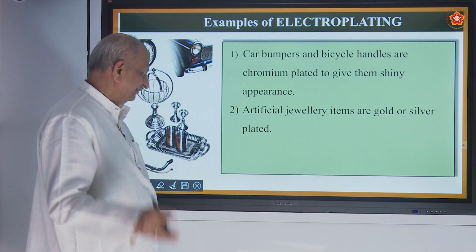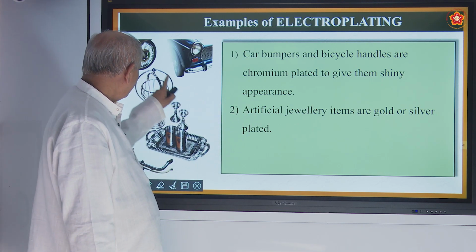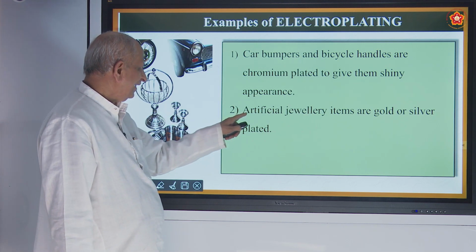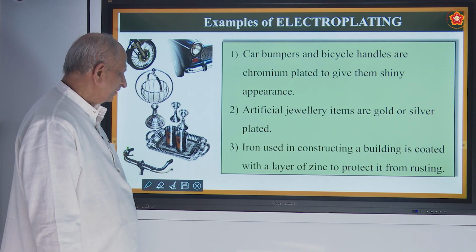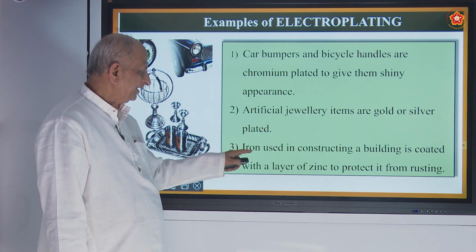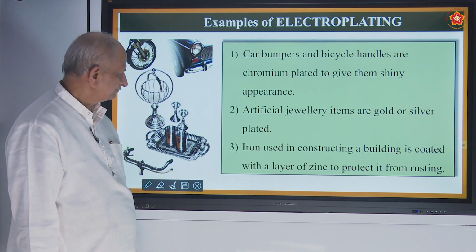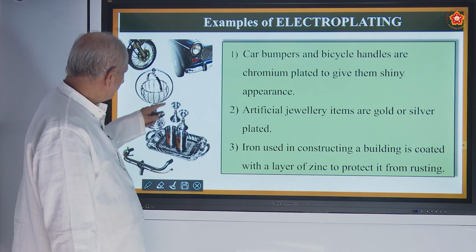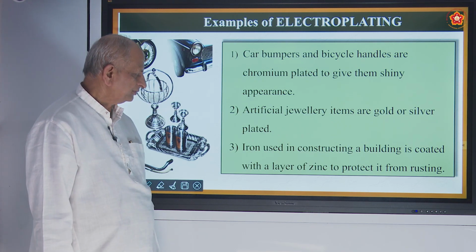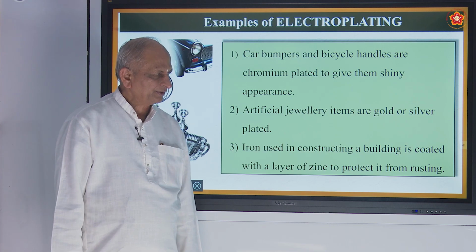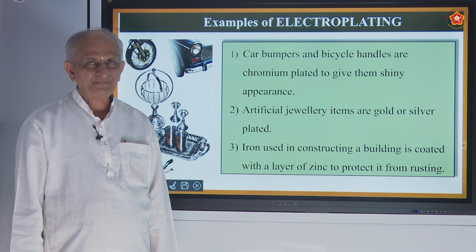They are not gold at all. What are they? They are nothing but coated. Artificial jewelry items are gold or silver plated. Iron used in constructing a building is coated with a layer of zinc to protect it from rusting. So to protect from rusting, they use zinc coating.